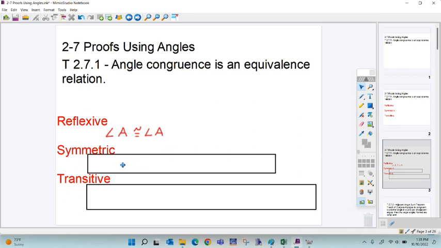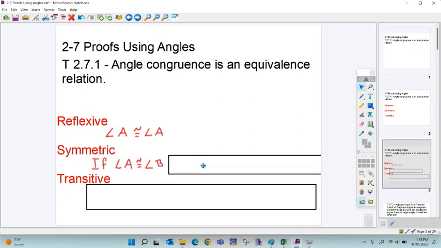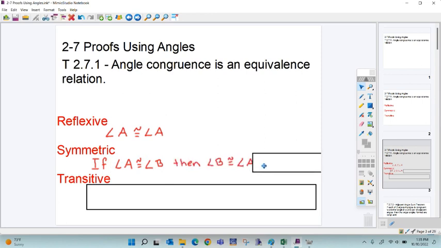Symmetric means that if you have two angles, like A and B, and A is congruent to B, then you can flip them over to the other side of the congruent symbol, and that means that B is congruent to A.